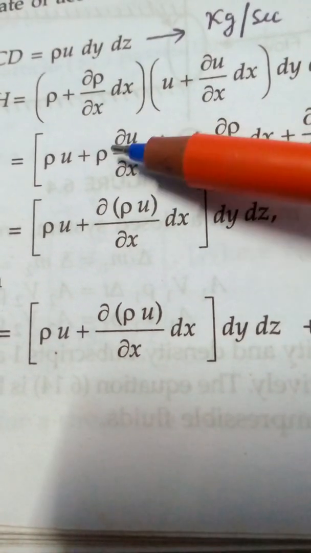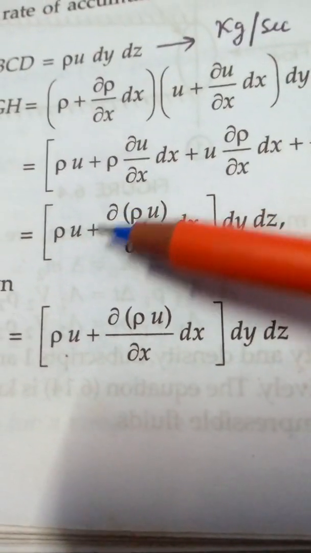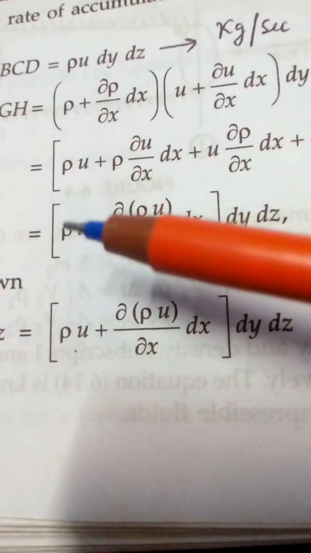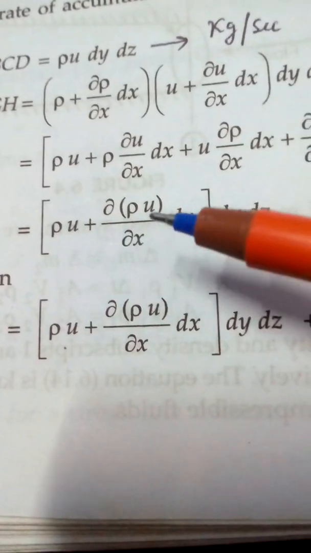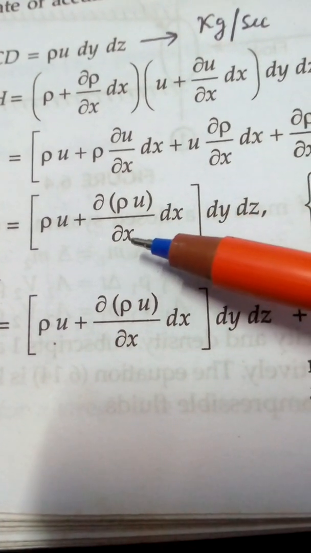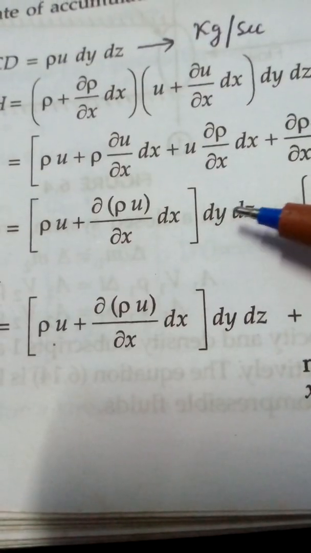So you can combine these two in the differential form: rho u plus del rho u by del x into dx into dy dz.